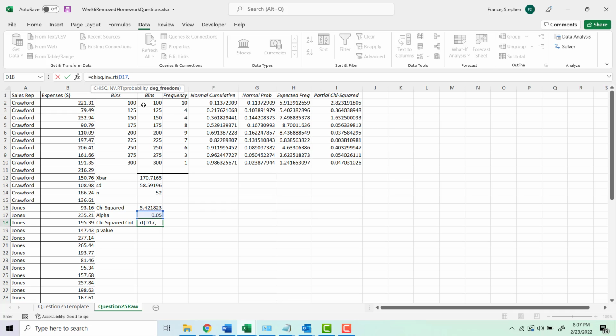Now, interestingly, for the degrees of freedom, with most chi-squared goodness of fit tests on multinomials, we have 1, 2, 3, 4, 5, 6, 7, 8, 9. We have nine bins, 9 categories. So we'd have 8 degrees of freedom. But here, because we're modeling a normal distribution, we lose 2 degrees of freedom.